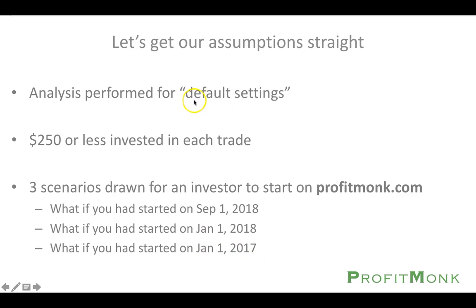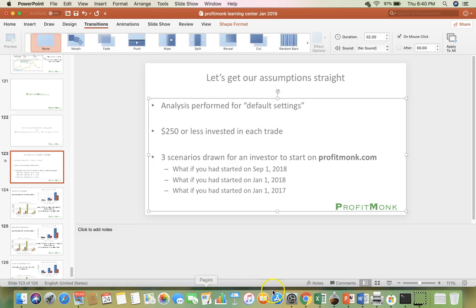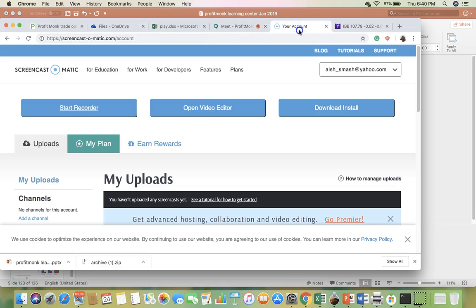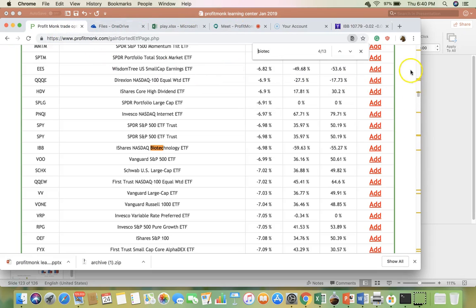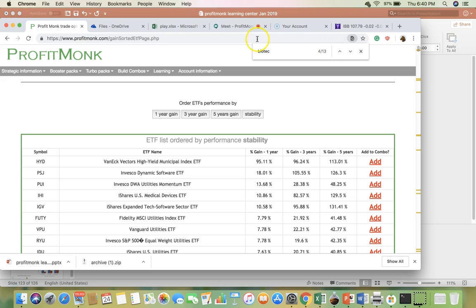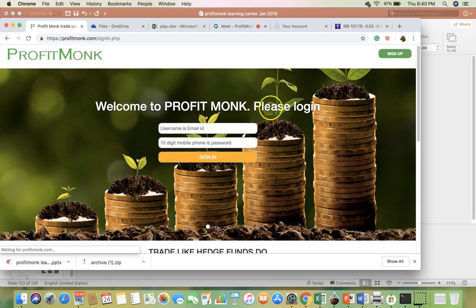But first, as promised, let's look at what the default settings are. It's quite simple. If you go to the web page, go to profitmonk.com, let's start from scratch so that it's easier, and you sign in.